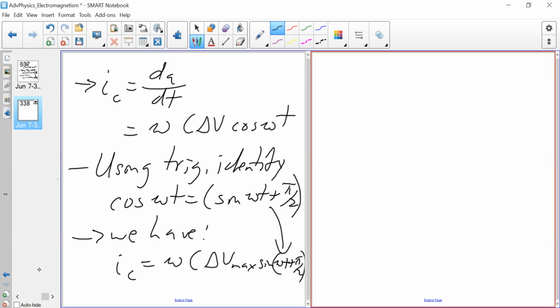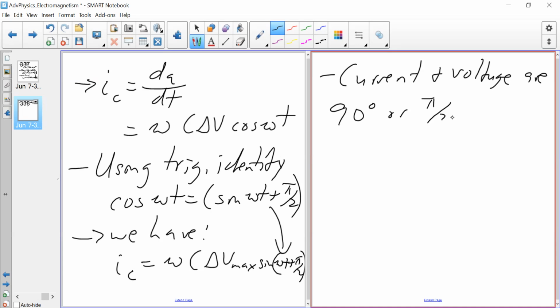So the current comes before the voltage in this case. Current and voltage are 90 degrees, pi over 2 radians out of phase.